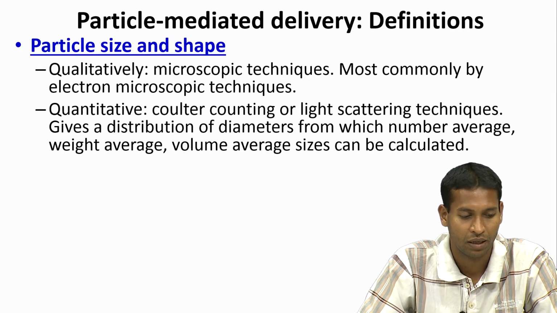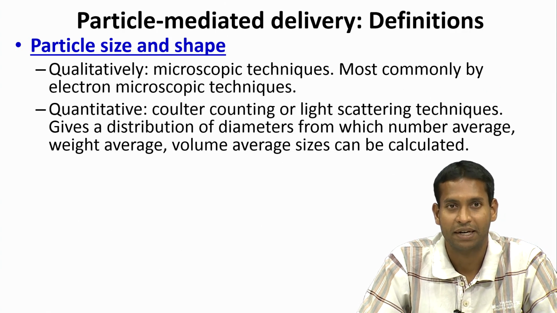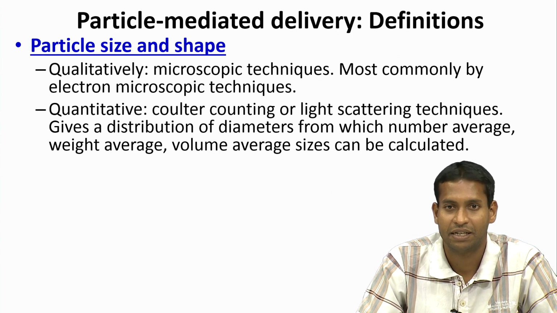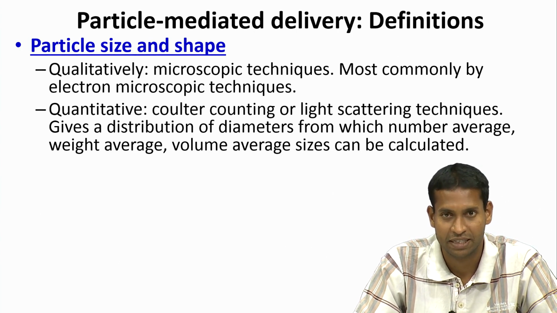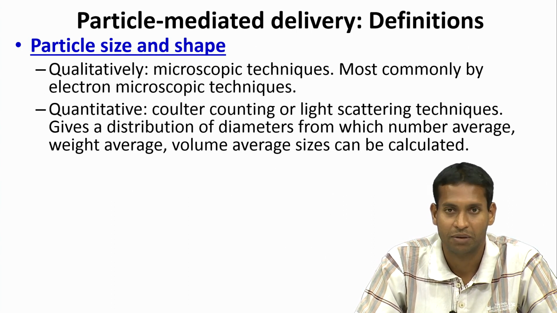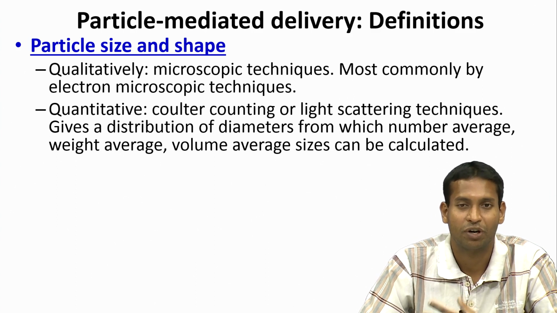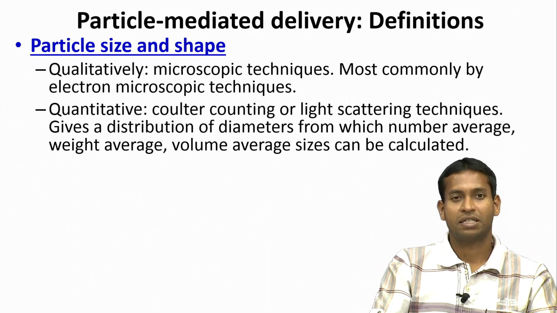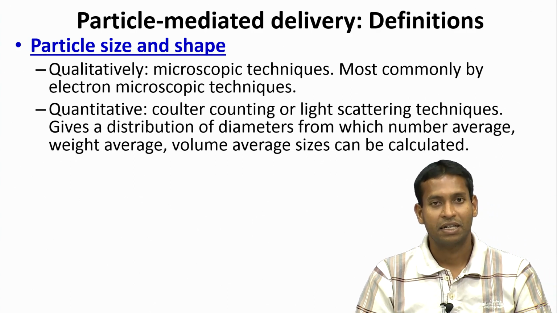So, let us continue and define some terms for particle mediated delivery. The first thing of course is particle size and shape, which is really nothing but defining the size and the shape of them: how big they are, what sort of morphology they have, whether they are spherical, rod shaped, or disc shaped. There are several techniques to get an estimate of this.